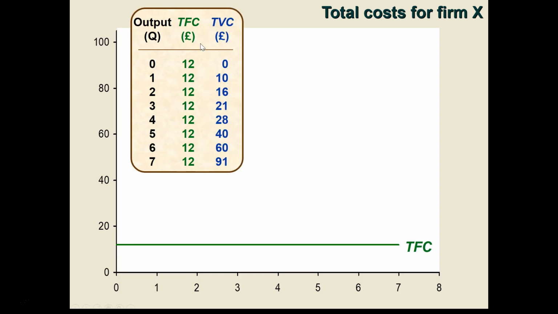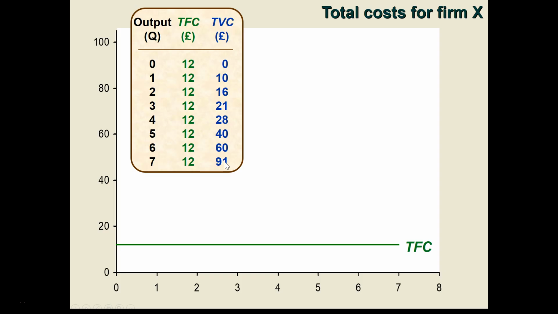Now let's add the cost of materials, our variable costs of production. As you can see, variable cost shown by this blue data or navy data will increase the more we produce. If output is 0, quantity is 0, variable cost is 0. When we produce the first unit, we need to pay £10 for our materials, labor, and so on. When we produce 2 units, we'll need to pay £16 and so on.